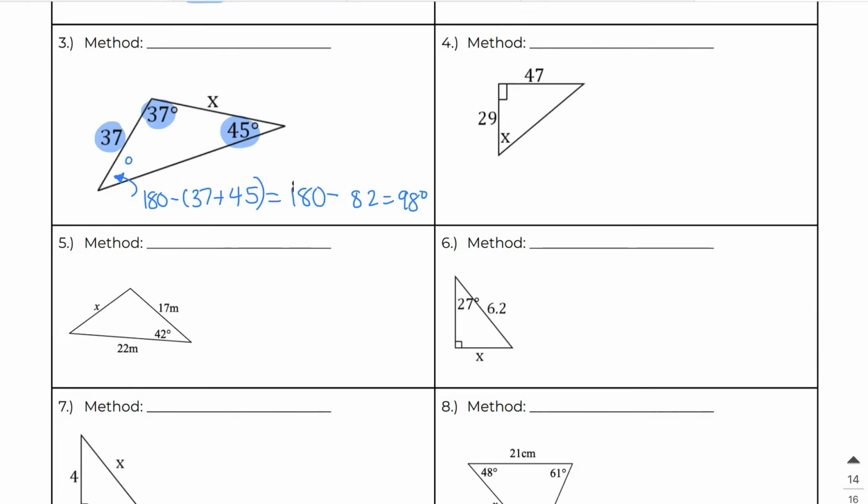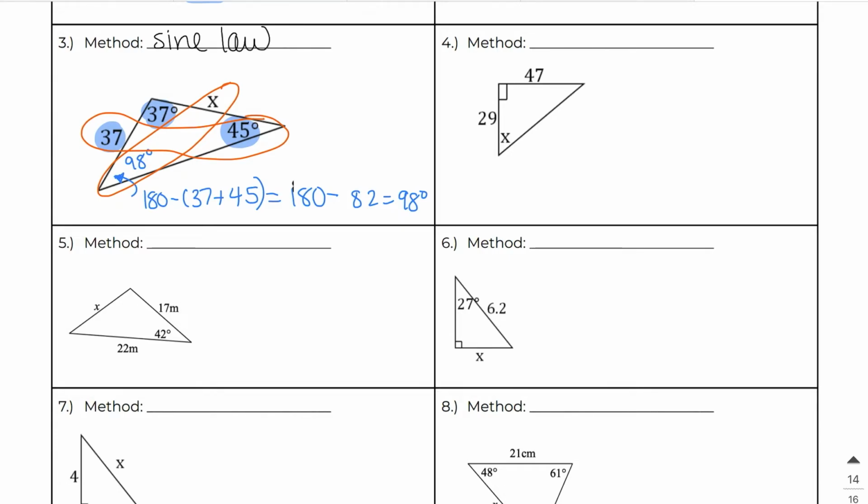So I know that this right here is 98 degrees. Now I have an angle and its opposite side right here, and it's an oblique triangle, and then I have another angle that I can use to help me find its opposite side right here, so I can use sine law for this as well, okay?